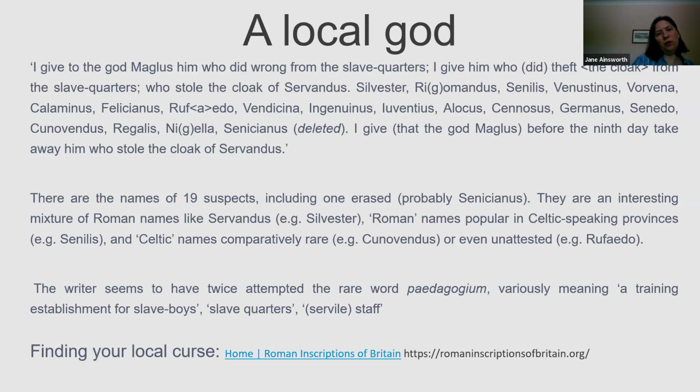And then we've got this wonderful list of names, which effectively is the enslaved contingent in this Vine Street house, and we can see from their names that they come from different areas within the empire. Nigella there, the Latin means little black girl, and that suggests, along with the isotopic evidence that we have from Leicester, that we've got enslaved people, and free people actually, who grew up in North Africa.